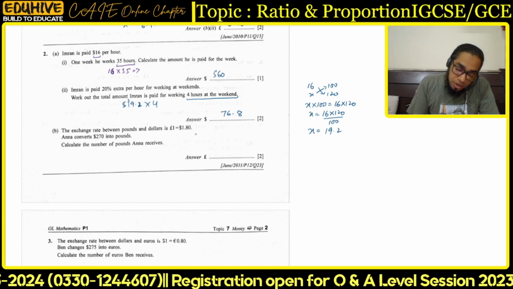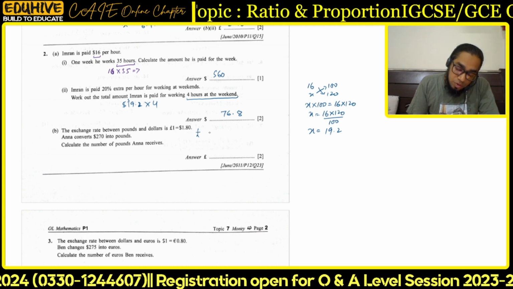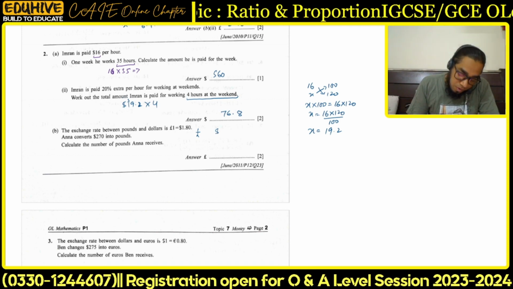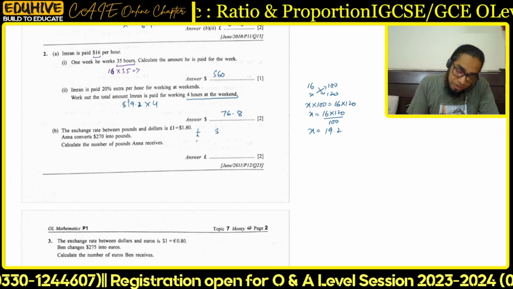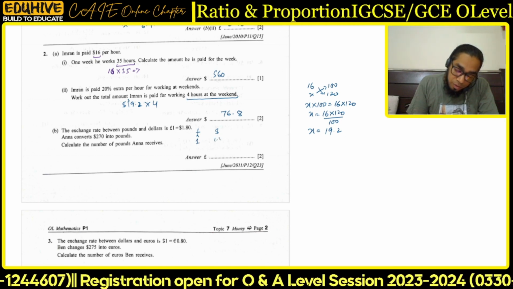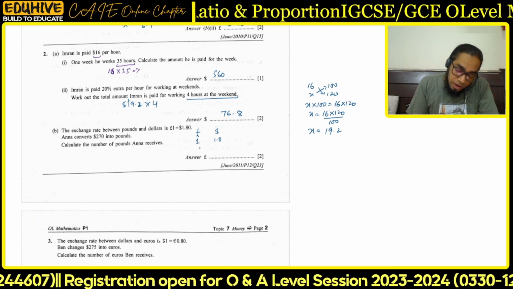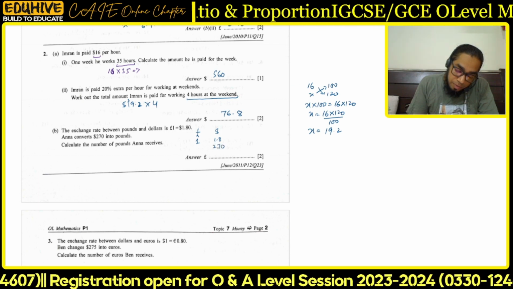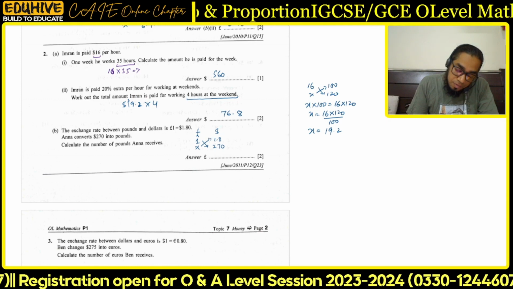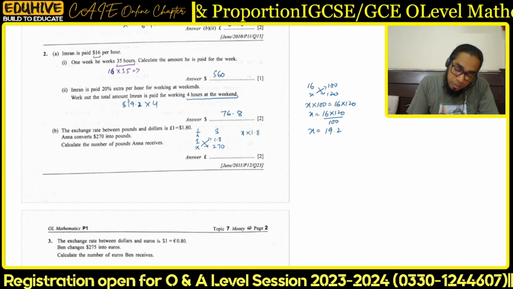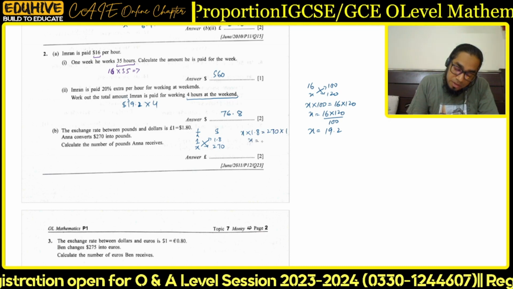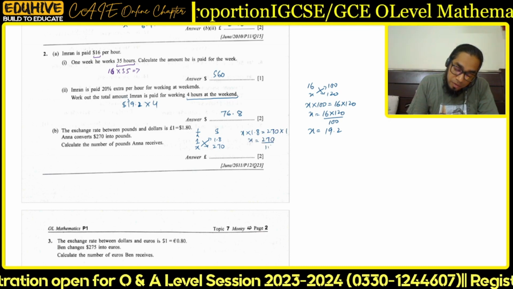Okay, I'm just doing the part. So 1 pound would be equal to dollars. That is 1.8. Oh my god, she's going very fast. 1 pound would be equal to $1.8. And if I'm going to work with $270 into pounds, it would be x. So I'm going to write x into 1.8 equal to 270 into 1, and it means 270 is going to be divided by 1.8.